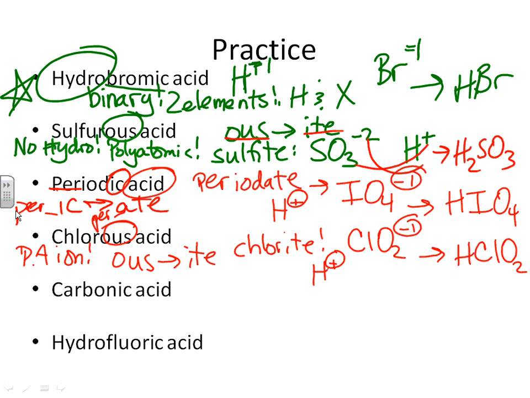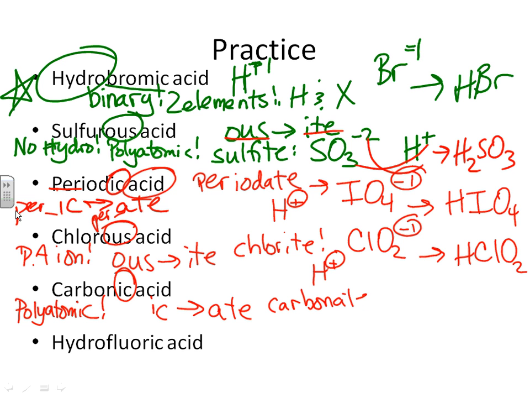Next up is carbonic acid. There is no hydro out in front. It is not binary. It is based on a polyatomic. So then we look at the ending. It ends in ic. Ic comes from ate. So we need to think, what is the carbonate ion? I asked you to memorize that. That's one of the ones that you just have to have down.